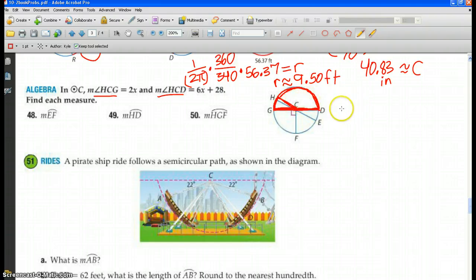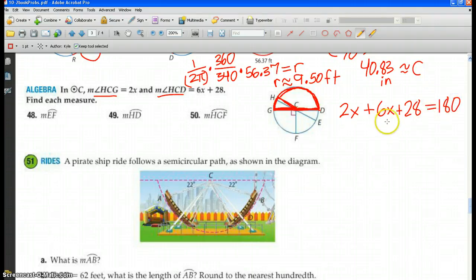So our equation could be 2x, which is the measure of angle HCG, plus 6x plus 28, which is the measure of angle HCD, equals 180.